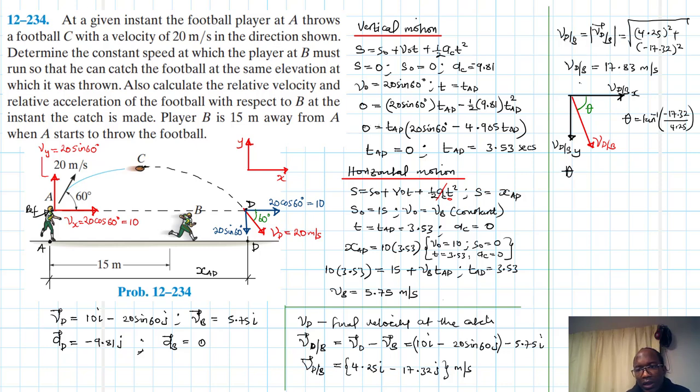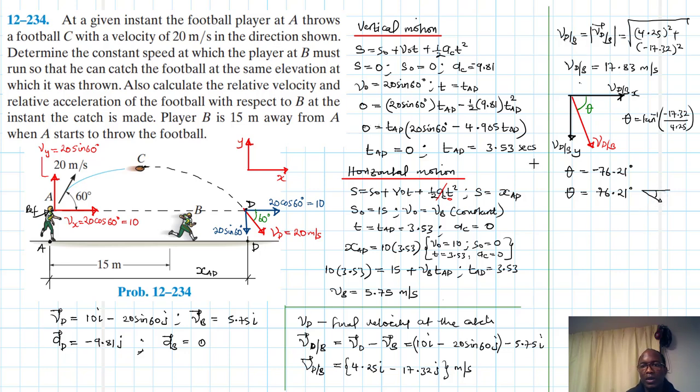So theta therefore is just going to be equal to tan inverse of minus 17.32 divided by 4.25. We have a minus 76.21 degrees. Minus because the angle is being measured clockwise with respect to the x-axis. So we can write this as theta is equal to 76.21 degrees, like so.